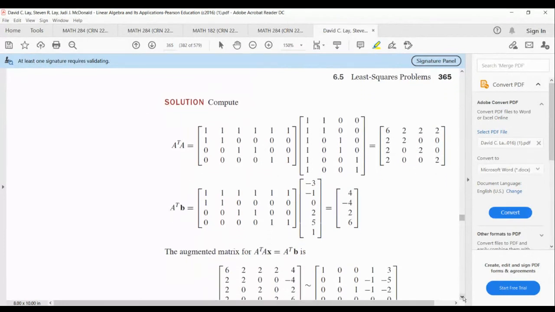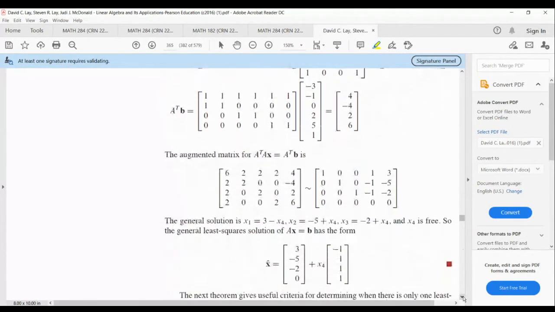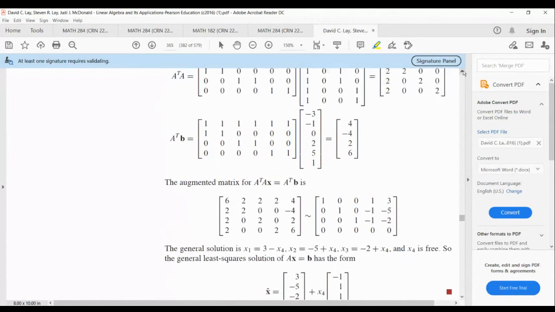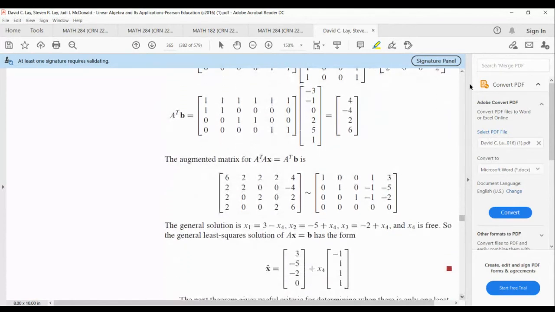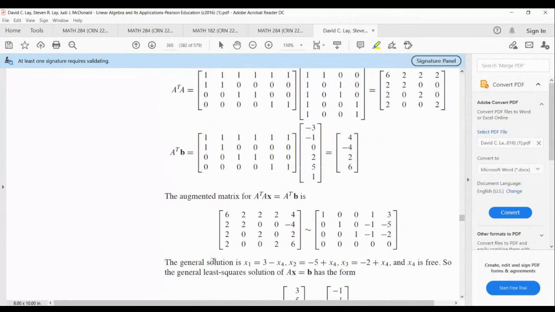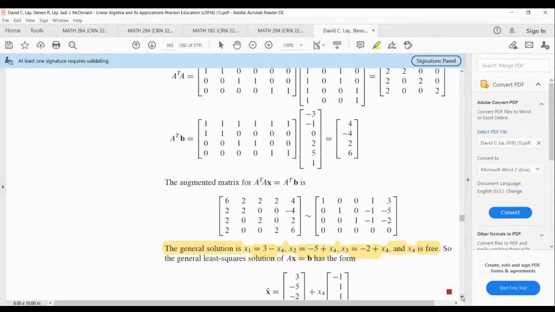Okay, so they work through the normal equations. They find A transpose A, they find A transpose B. They solve the system here. And look what happens. You get a free variable in there.